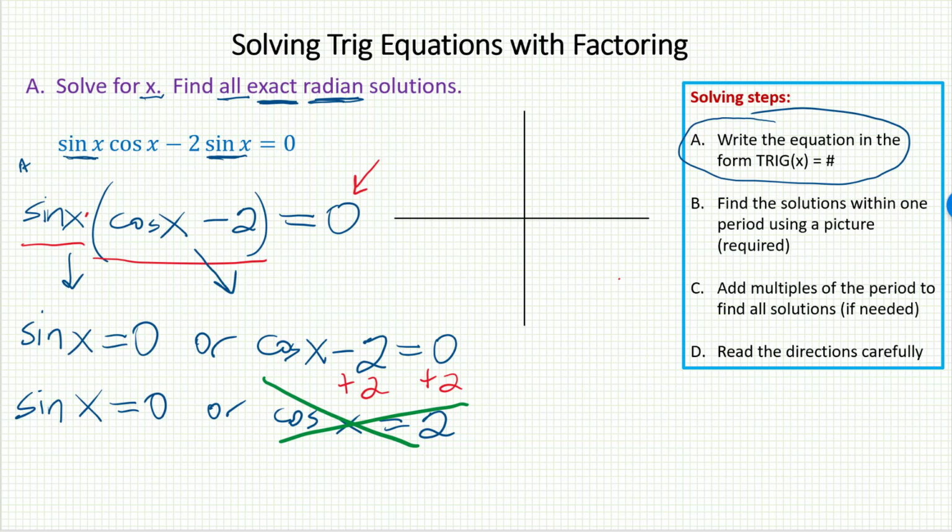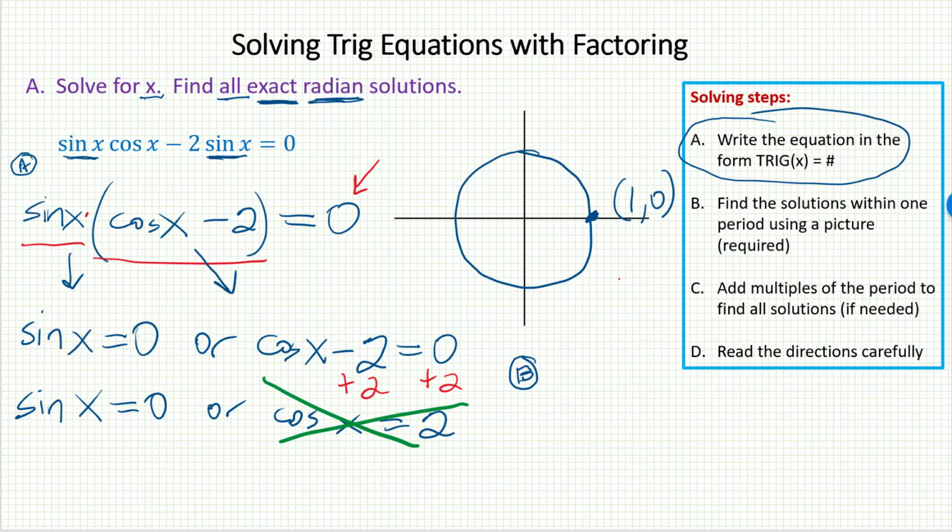It's time for me to draw some pictures so that I can carry out step B. And of course, when I see 0 as a sine ratio, I know I'm going to have to go to the unit circle. I'm looking for all the spots within one rotation, 0 to 2 pi, where you get a sine value of 0. Sine is the y coordinate. So one place that happens is right here at 1, 0.